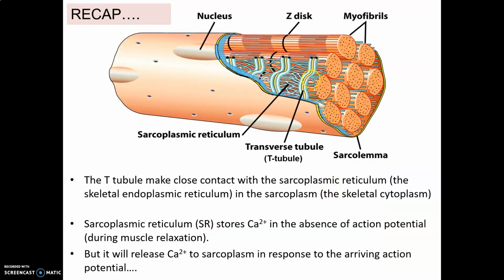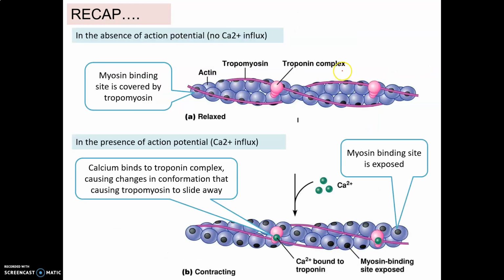Sarcoplasmic reticulum pula make close contact dengan T-tubule, dan dalam sarcoplasmic reticulum akan ada calcium ion. So in response to that, kalau tak ada action potential, calcium ion akan remain inside the sarcoplasmic reticulum. Tetapi bila ada action potential, calcium ion will be released daripada sarcoplasmic reticulum keluar ke dalam sarcoplasm, membasahi, okay, meliputi the myofibril.